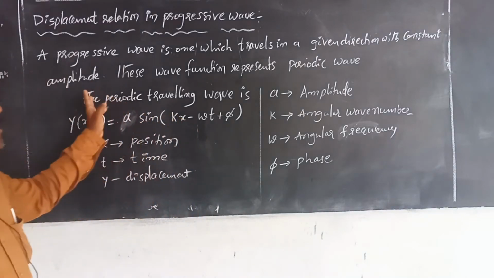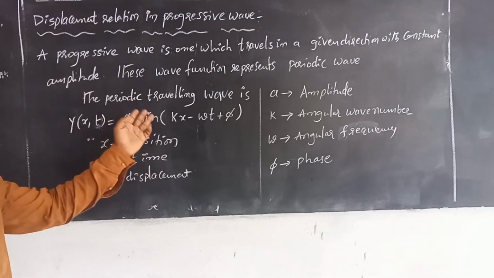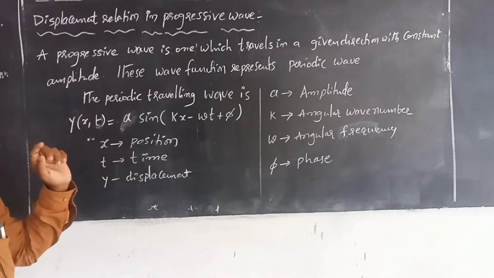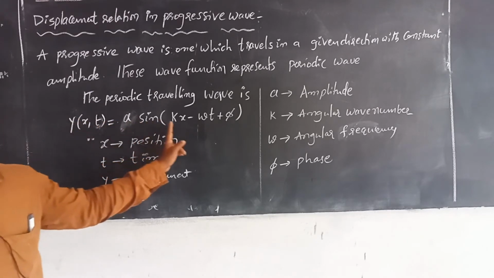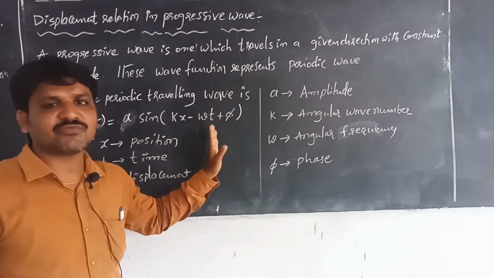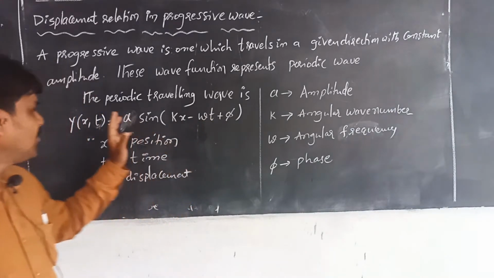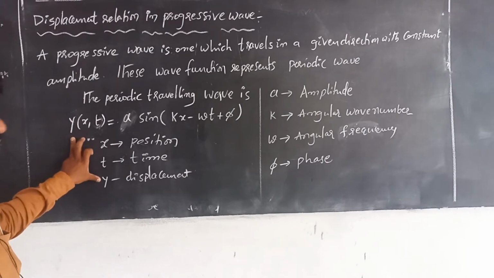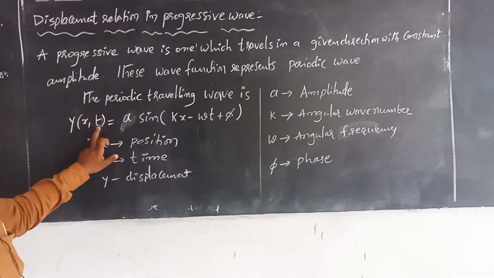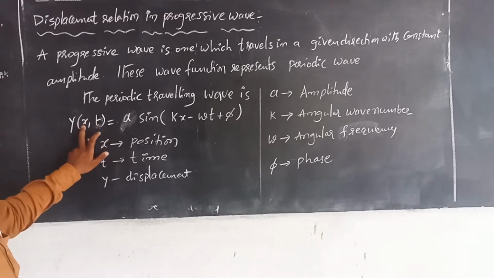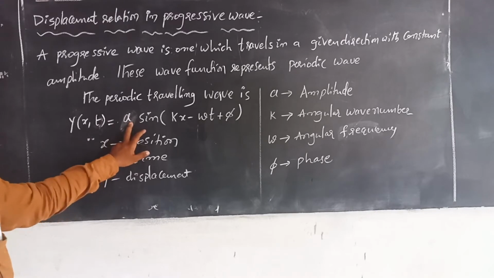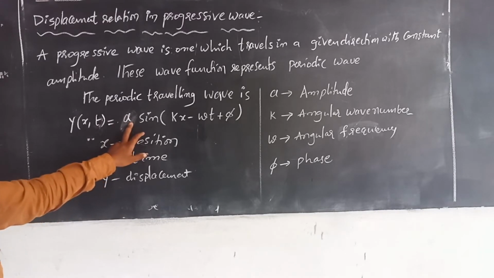The periodic traveling wave relation can be written like this: y(x,t) = a sin(kx − ωt + φ). This is the relation for the displacement. Here y denotes the displacement with respect to position and time. x is the position, t is the time, and a is the amplitude.